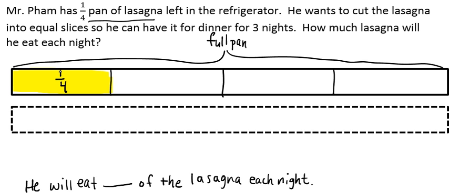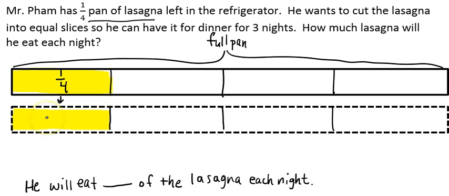Now he wants to split that fourth up into equal pieces so he can have dinner for 3 nights. To show that fraction, I'm going to take the 1/4 and I'm going to copy it onto the tape below. And I'll shade in 1/4 and we can see what it looks like after we then divide that fourth into 3 sections for the 3 nights.